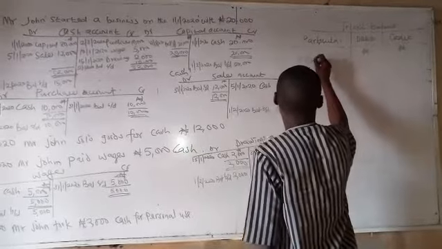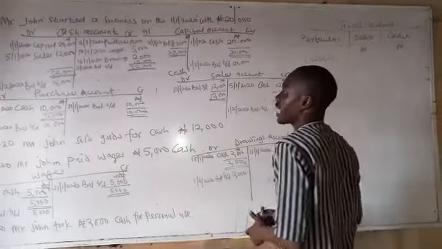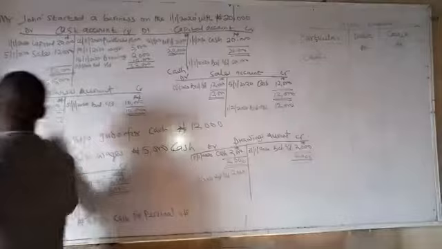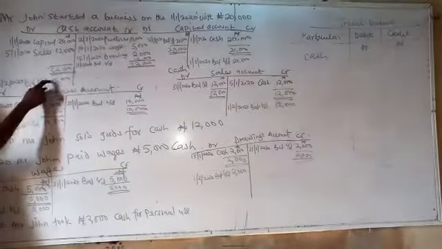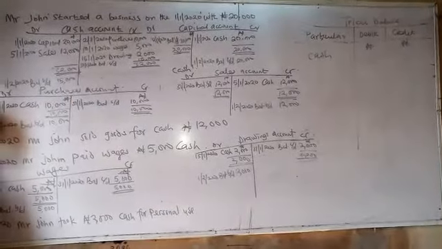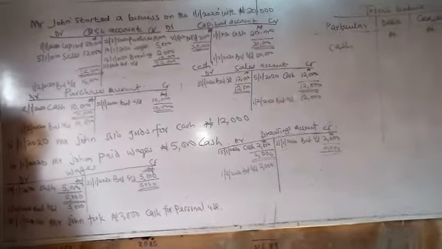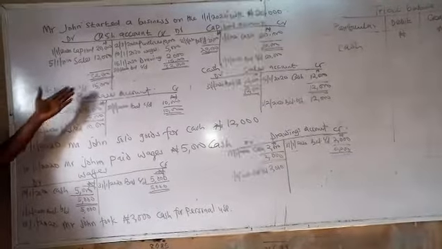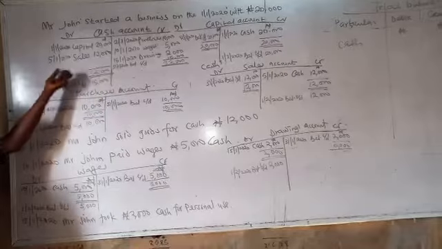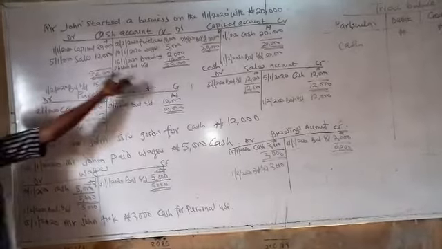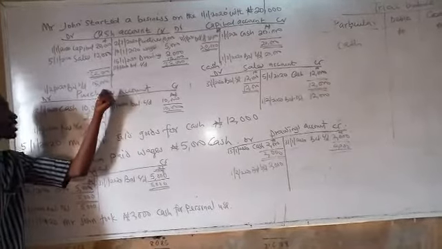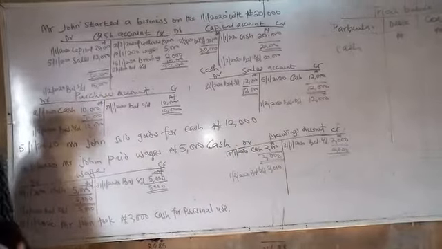Cash. And on the cash account, we have what? A debit balance of 15,000 naira. This means that at the end of the day, after the cash that Mr. John received and the cash he paid out, he still has cash at hand of 15,000 naira.